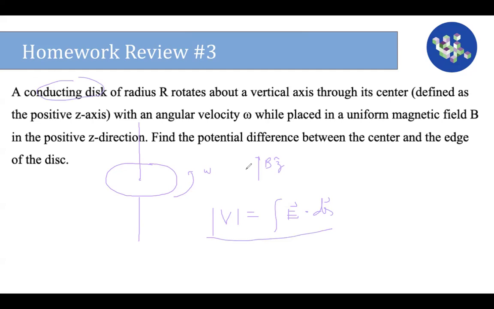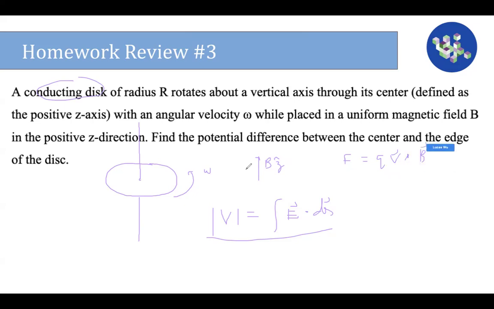That means that there's going to be a Lorentz force because you have charges that are moving and you also have a magnetic field. And remember the Lorentz force, the magnetic force, F is equal to Q V vector crossed with the magnetic field vector.